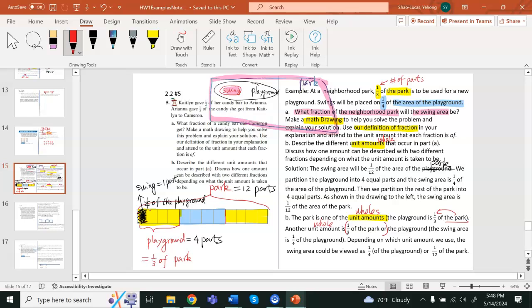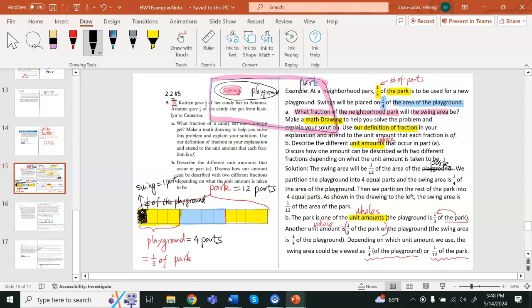All right, so depending on which whole we're using, the swing area could be viewed as a fraction 1/4, because it's 1/4 the playground, or 1/12, because we're comparing the swing area to the park, so it's 1/12 of the park. So this section that I shaded right here is the swing area.